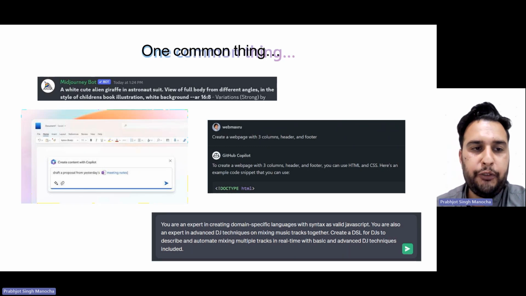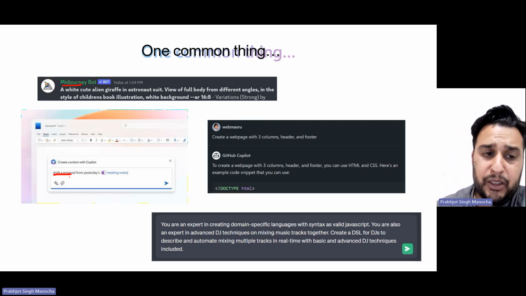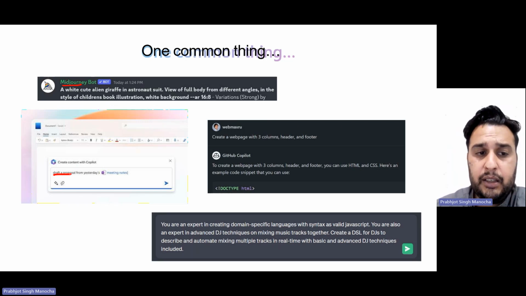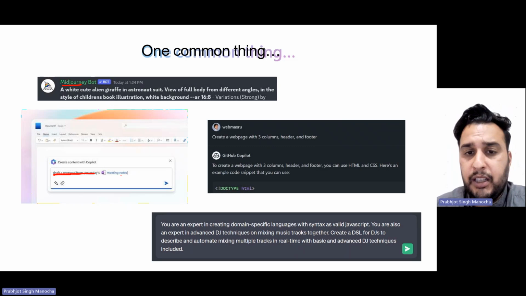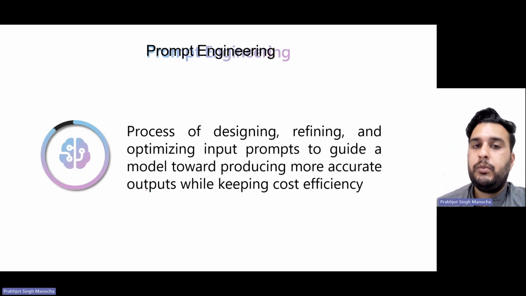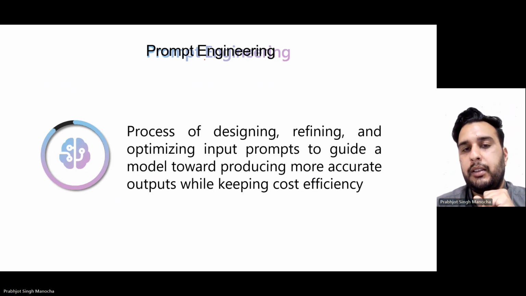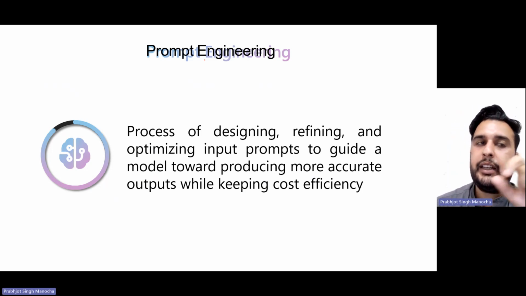Okay, so these are a few examples, like this bot where prompts are used to create content, like draft a proposal from yesterday's meeting notes. We can even attach files and it can generate that, right? So that's where it becomes very important how we are using it in such a way that it can be useful.